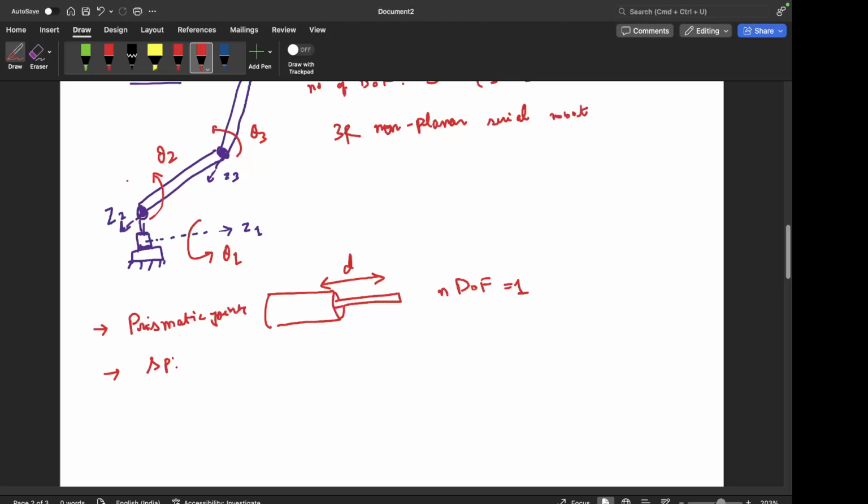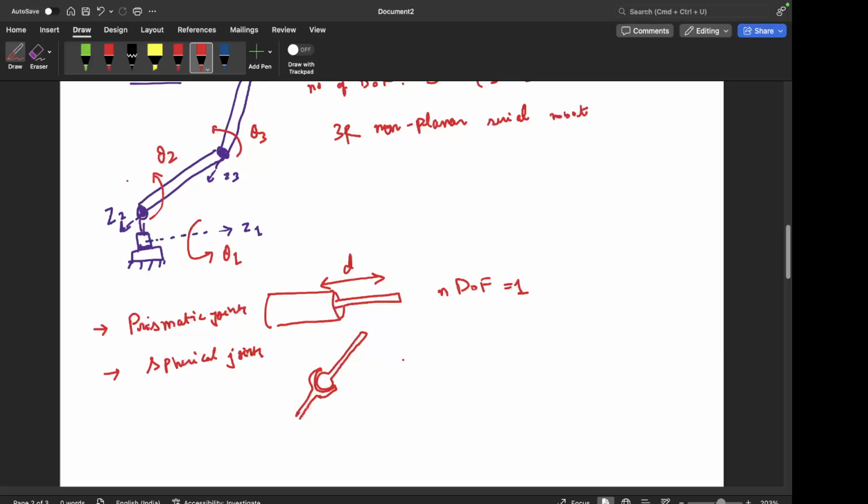Then there are spherical joints, right? Spherical joints are basically like a ball and socket joint. It's like the joints that we find in our bodies, in many places.